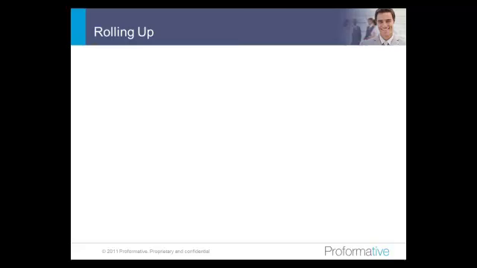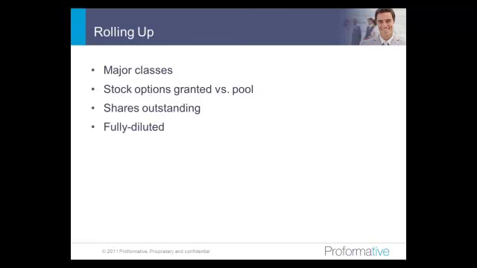And then one of the things that we do with cap tables, which I promise we'll be getting to very shortly here, is we roll these numbers up. We want to see what are the major classes of shares and how many shares are in those classes.